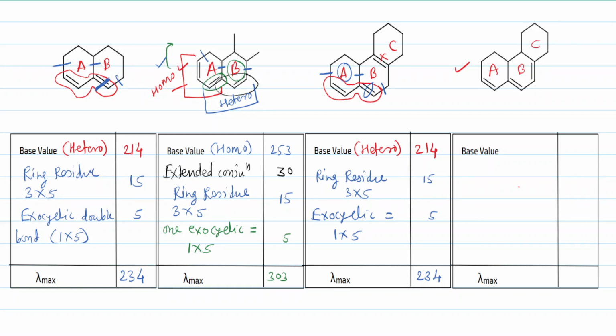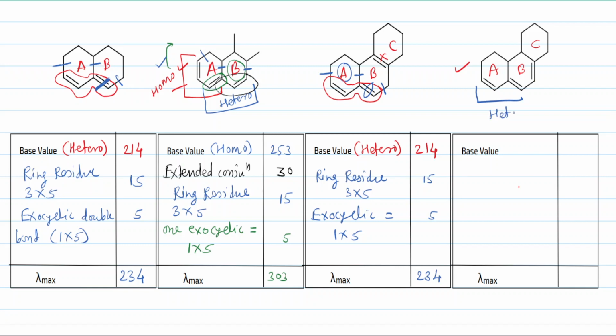Now there is a presence of two diene systems. From this carbon up to this carbon, it is the heteroannular diene. From this carbon up to this carbon in ring B, it is the homoannular diene. So in front of us there are two choices, and we are going to select this homoannular diene as the parent diene.